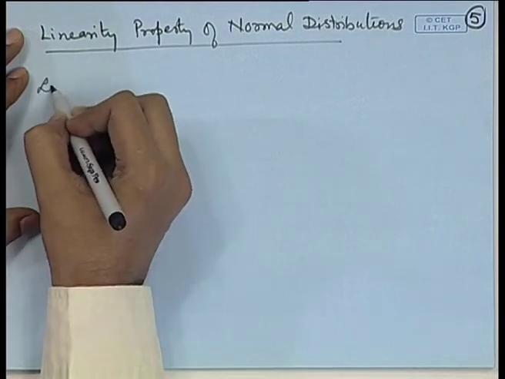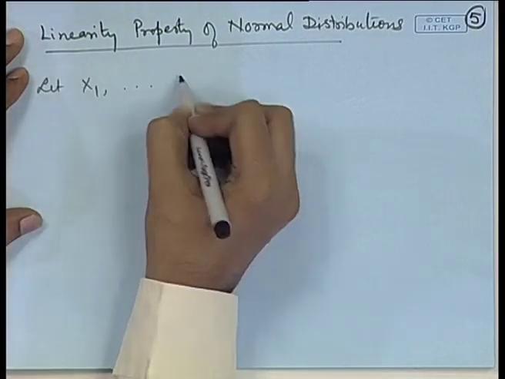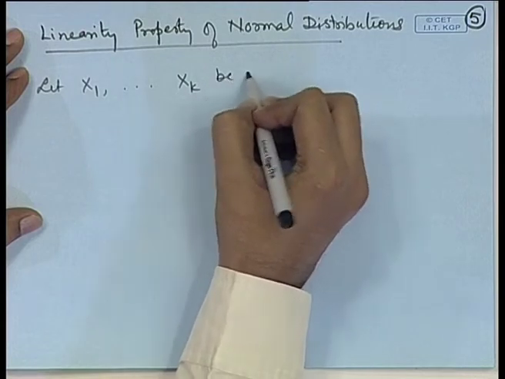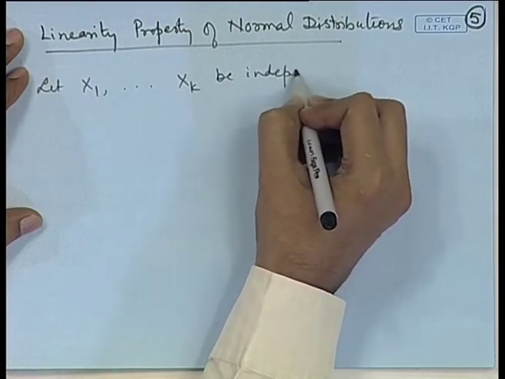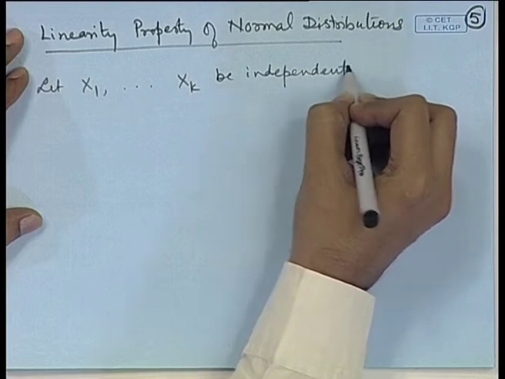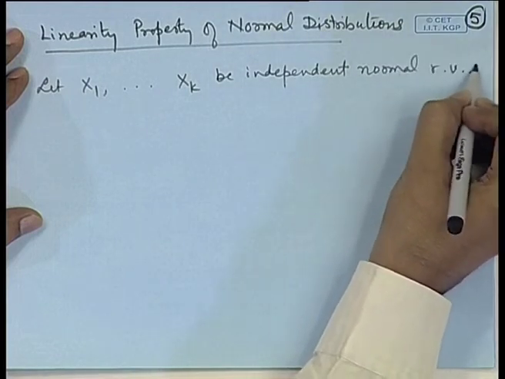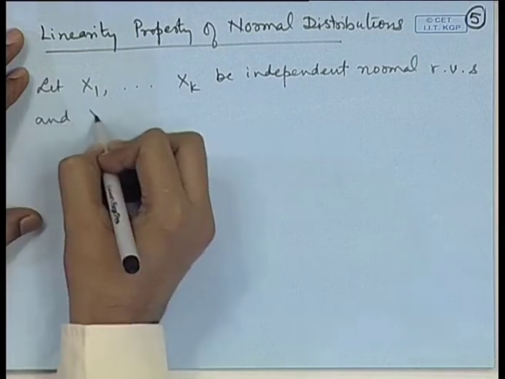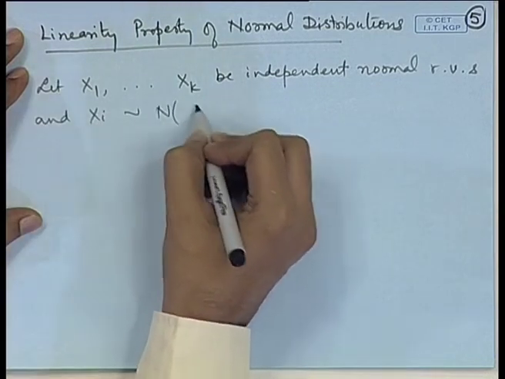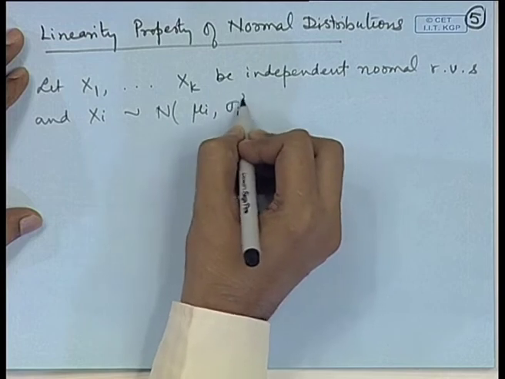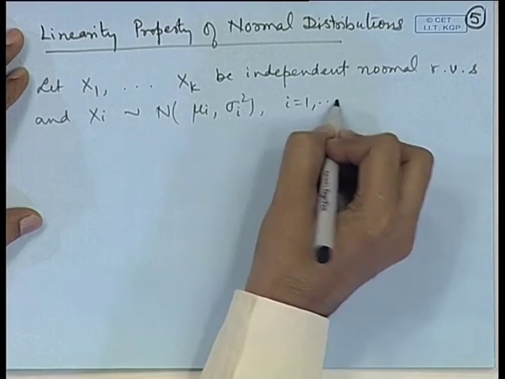Let us consider say X1, X2, ..., Xk independent normal variables and Xi follows say normal mu i, sigma i square for i is equal to 1 to k.